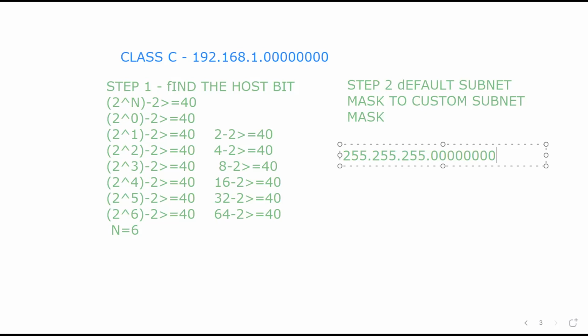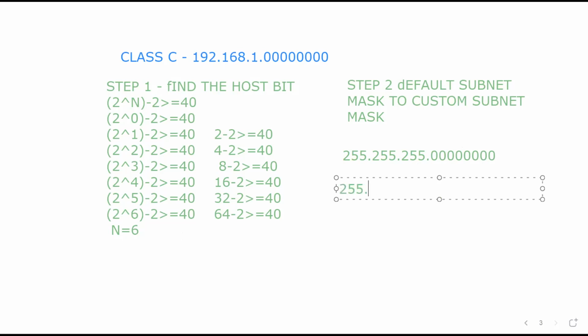Then put the last 6 bits. What is our n value? 6. So the last 6 bits are host bits and the others go to network bits.